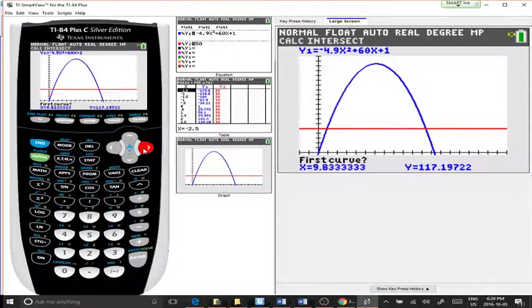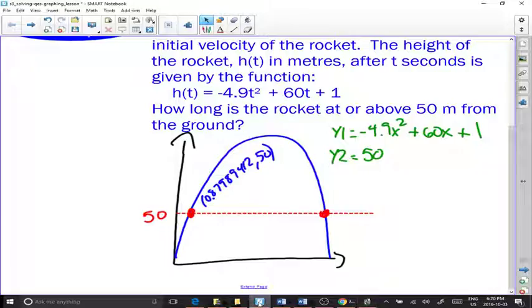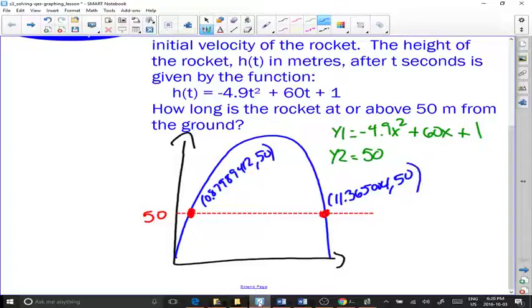I'll go a little further down, and then I'll tap, tap, tap again, and we get 11.365004 and 50.